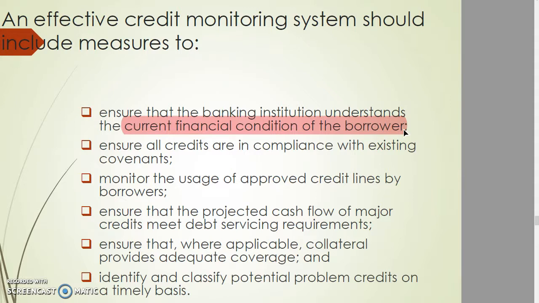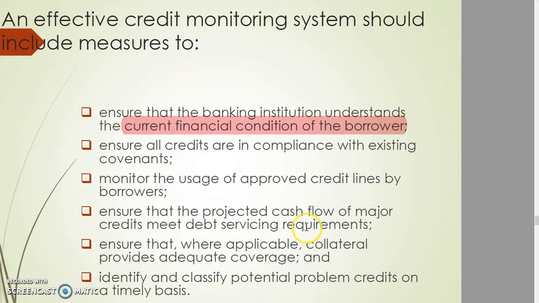Okay, so that's why they must have a good current financial condition. Next, we will look in terms of individual credit. The reason here is we want to ensure that the projected cash flow of major credit meets the debt servicing requirement.